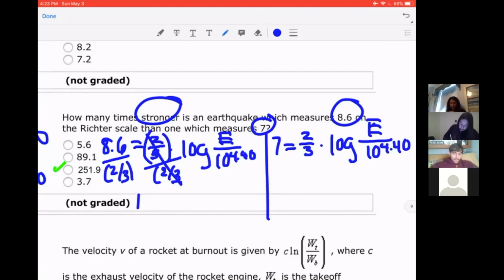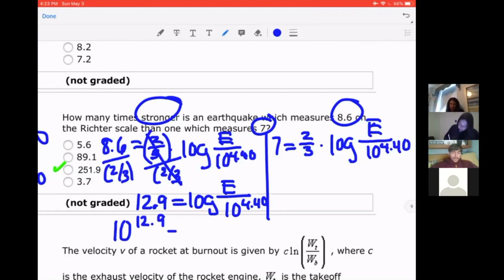So I end up with 12.9 equals log E over 10 to the 440. Again, now I'm gonna rewrite it. Since there's no base there, the default base is 10. So I'm gonna put 10 to the power of 12.9 equals E over 10 to the 440.